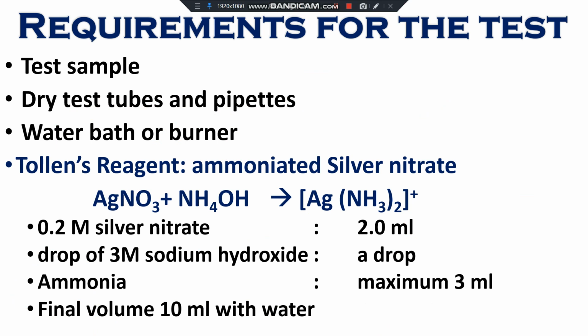Tollens reagent is ammoniated silver nitrate, in which silver is coordinated with 2 molecules of ammonia. The requirement for this reagent is 2 ml of 0.2 molar silver nitrate, then a few drops of 3 molar sodium hydroxide, and then ammonia, maximum 3 ml. The final volume of the mixture will be made up to 10 ml with water.